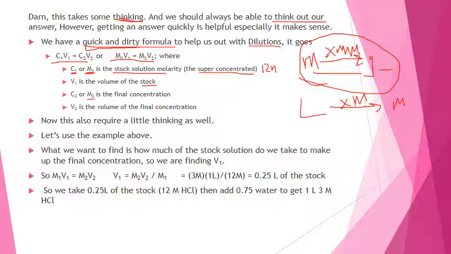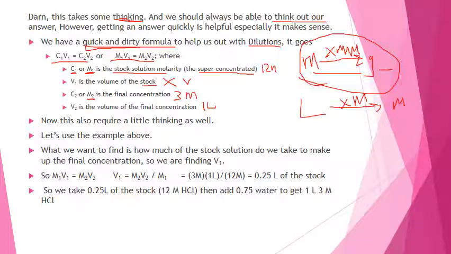M2 is the final concentration in molarity, and you could use C or M. And then V2 is your final volume. So my final concentration is going to be 3 molar, and my final volume is going to be 1 liter. So the thing I'm going to have to find here is the volume of my concentrate that I'm going to add.